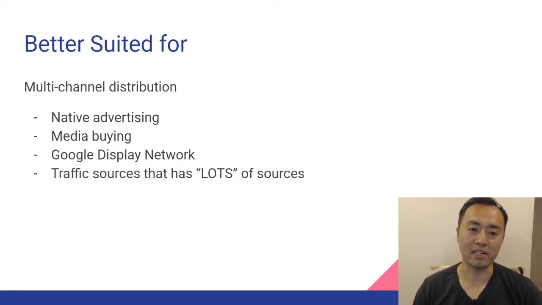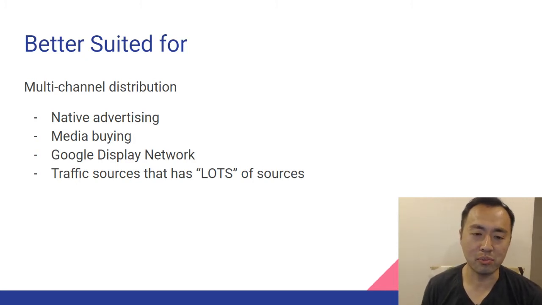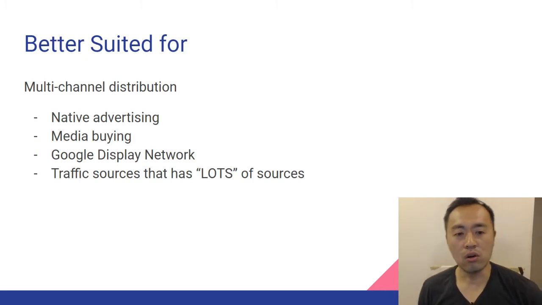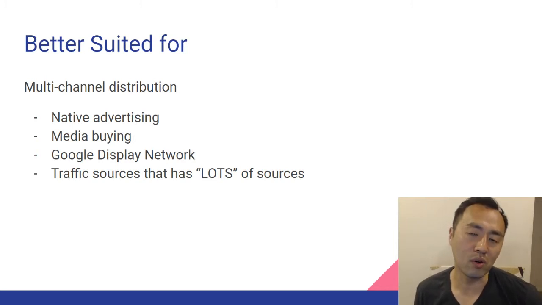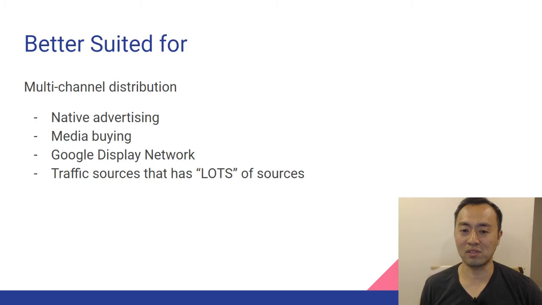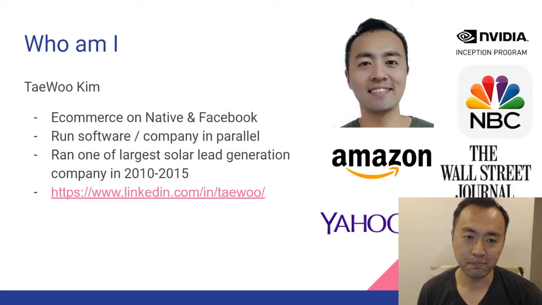A good example is native advertising, like those Taboola and Outbrain ads you might have seen, or if you do media buying on other sites and you buy lots of them direct, or if you run stuff on Google Display Network where you're paying Google, but your stuff shows up in tons of other places, right? And you want to figure out what's working where. That's what it's suited for. So this tool was designed for traffic sources that have lots of other sources, right? Like they aggregate stuff.